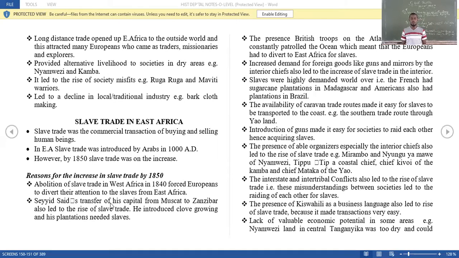Another issue there, we look at the demand for foreign goods, which is okay. People wanted guns, others wanted mirrors, which was cutting across all African chiefs and the interior people, because it was something new. Right now, we have mirrors everywhere, and you feel it is normal to go to the mirror in the morning before you go to work or class to see whether your hair is combed, whether your eyes are fine.